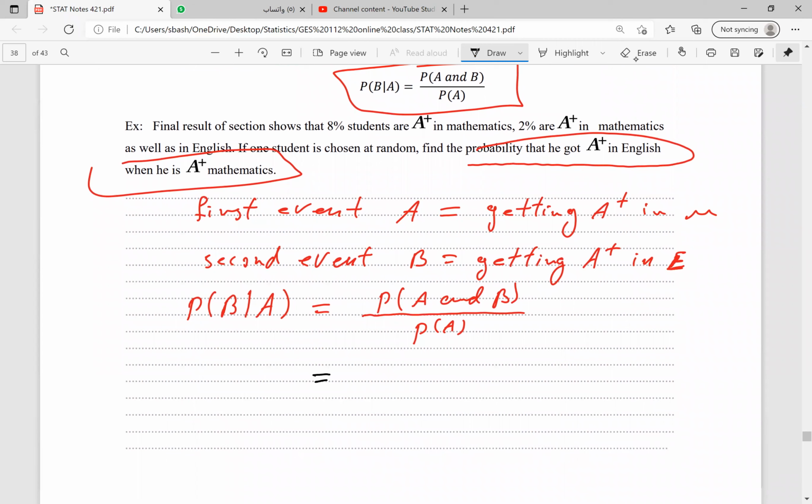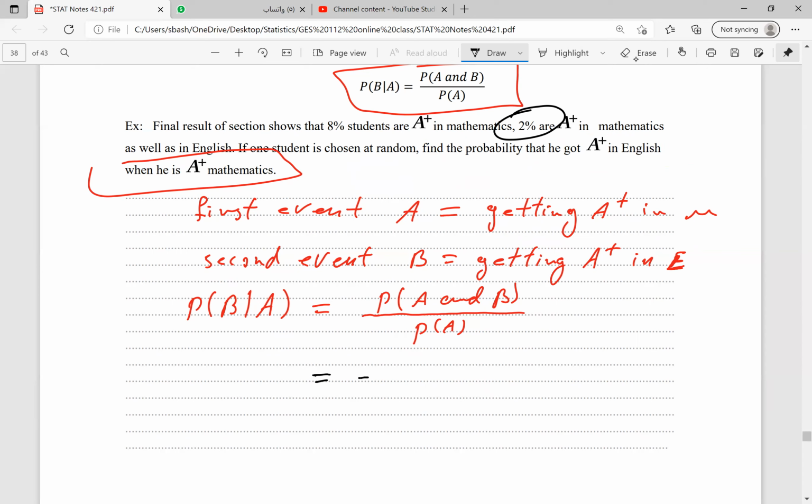Now getting A and B means getting A plus in math and getting A plus in English, which is given there in the question: 2% are A plus in mathematics as well as in English.